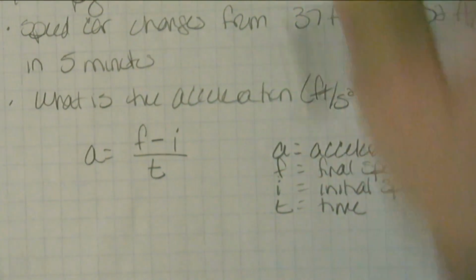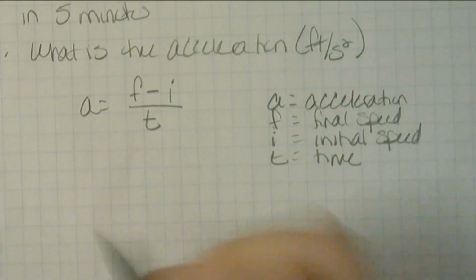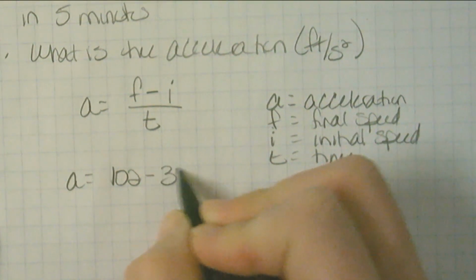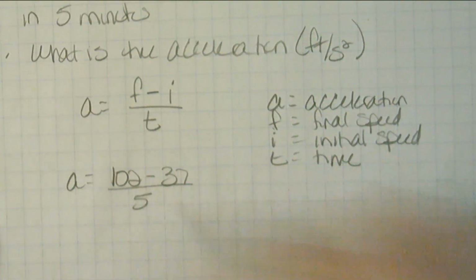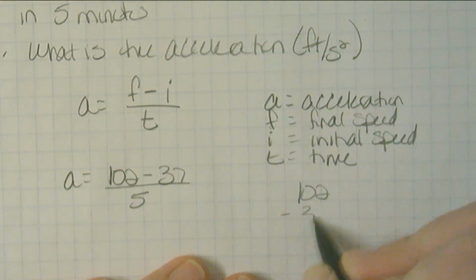And when you're done, check with someone sitting by you, see if you guys got the same answer. So off to the side, I should see you doing that subtraction.